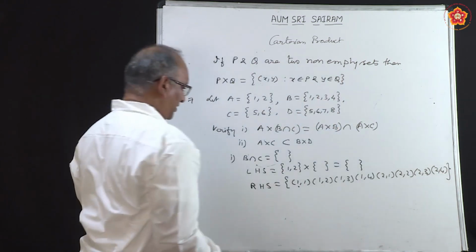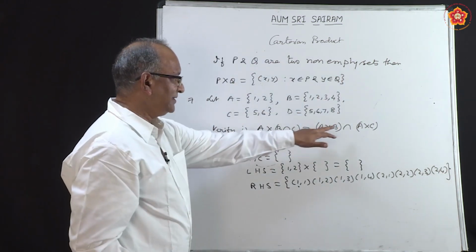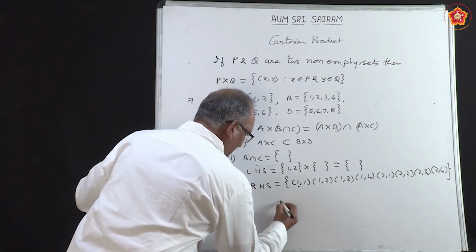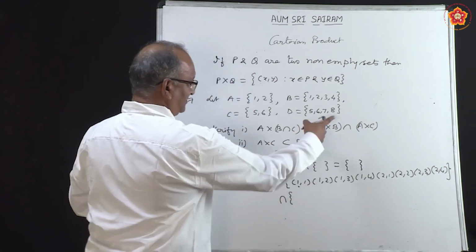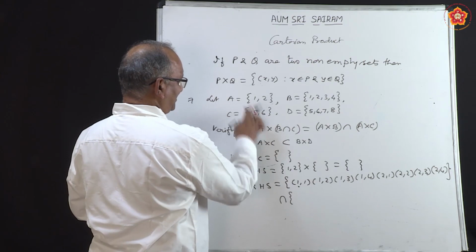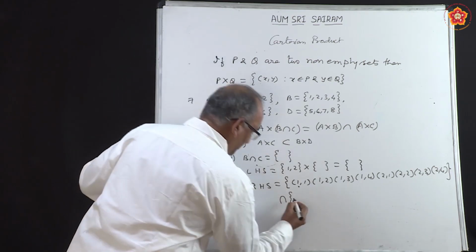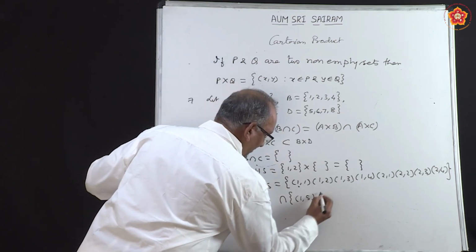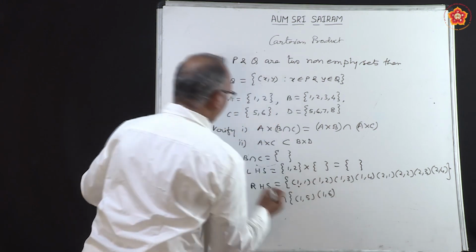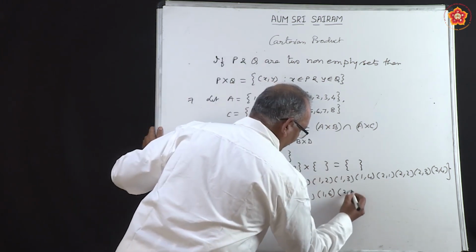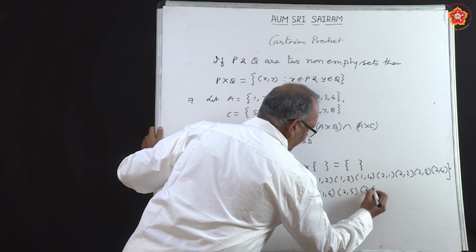This is A cross B. Then in the intersection, you have to take A cross C. It means you have to multiply A with C. So what are the elements? (1,5), (1,6), (2,5), (2,6).